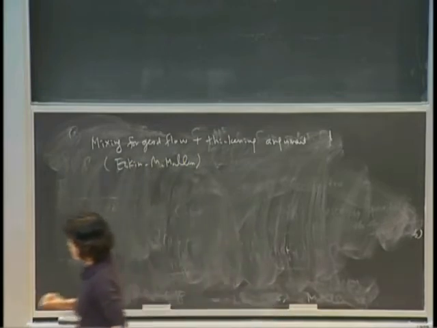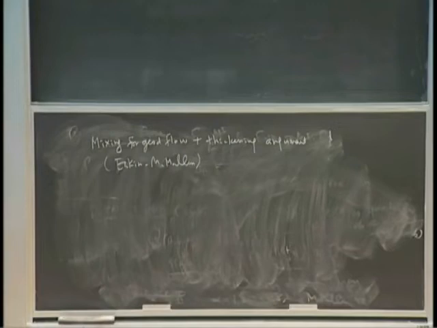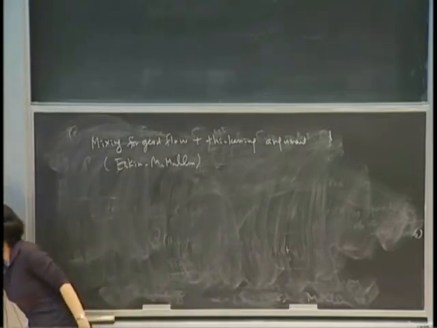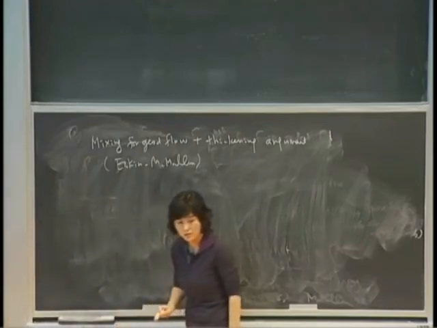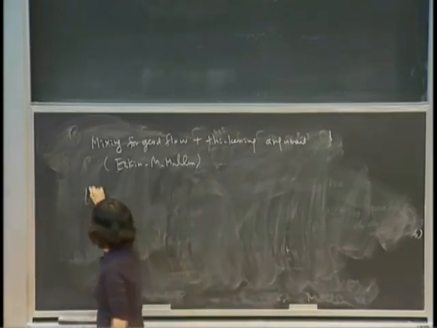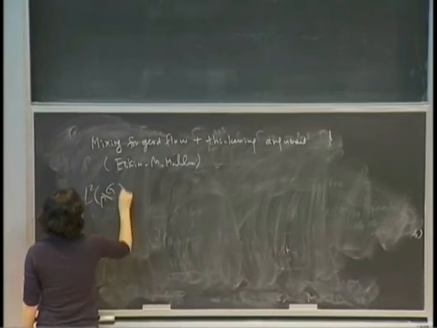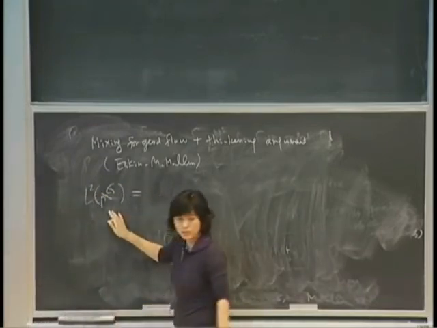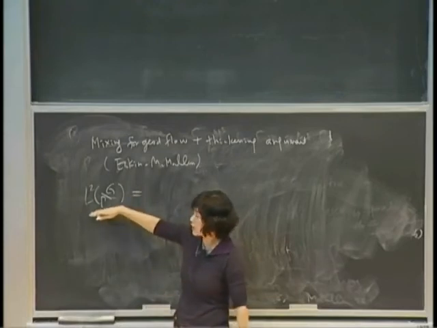So let me explain where this main term comes from. I give you the heuristic proof of this theorem, just to explain where the main term comes from. If you look at L2 of G over gamma, and if gamma is a lattice, then it always contains a trivial representation, because the constant function is an L2 function here.